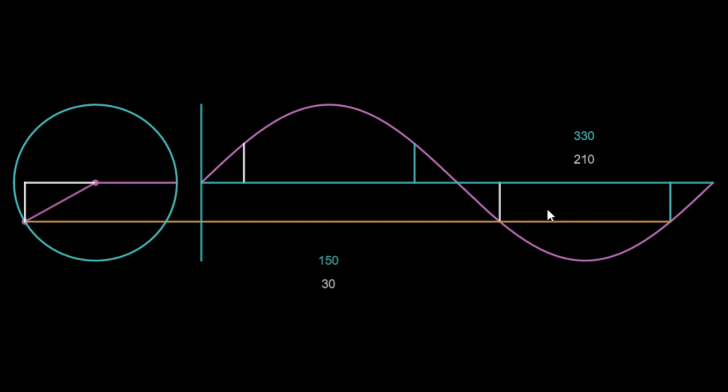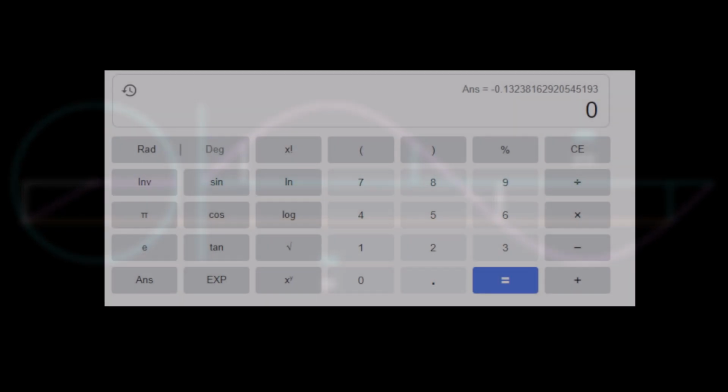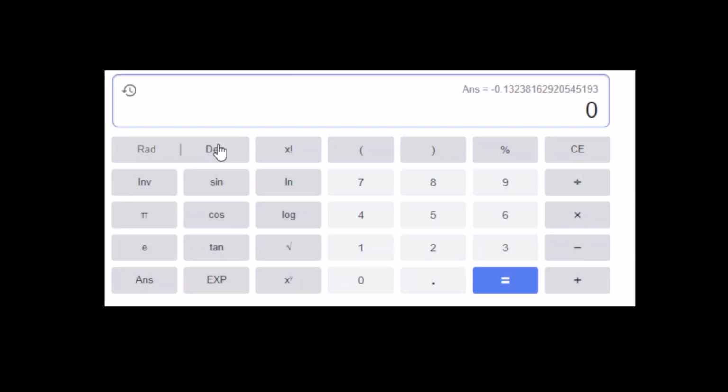So let's put these four into our calculator just to confirm that that is the case. So make sure your calculator is in degrees. We're going to put in the sine of 210 and it gives a value of minus 0.5. So we'll cancel that and we'll put in the sine of 330 and it should give us exactly the same value, which it does, minus 0.5.